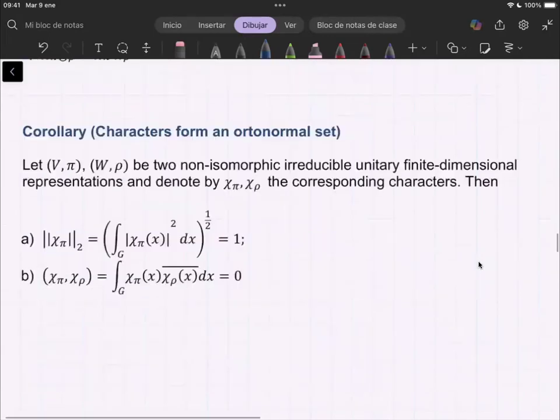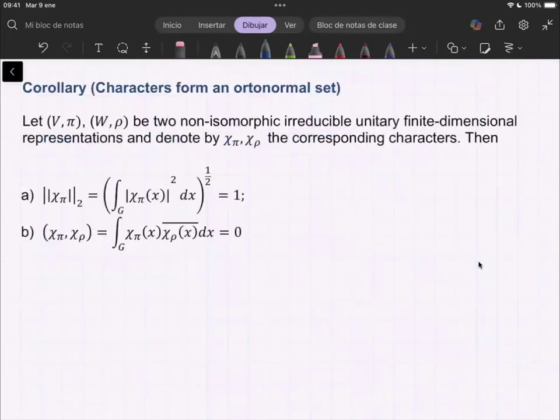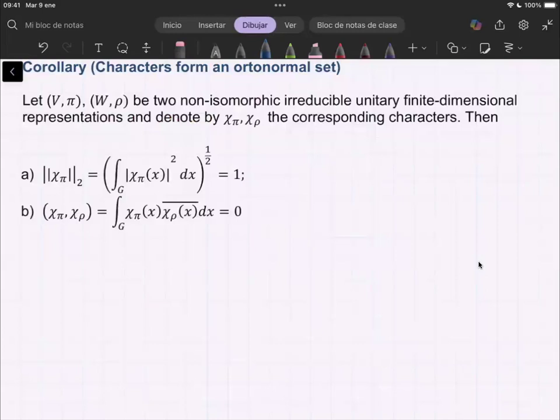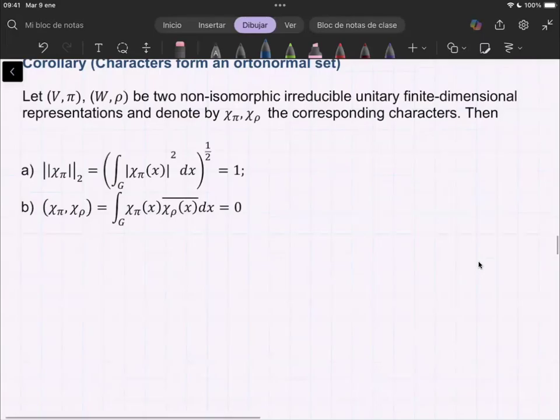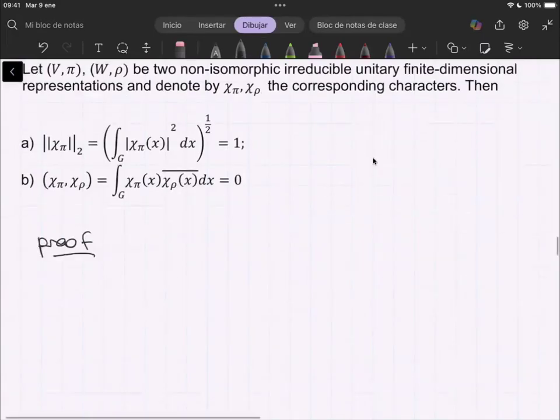So if we write this down, we have the following corollary: the characters form an orthonormal set. Yes. So the character of an irreducible representation has norm 1, and two characters of non-isomorphic representations are orthogonal, using the formulas we have above. So again, I will show you the idea of how to prove this.